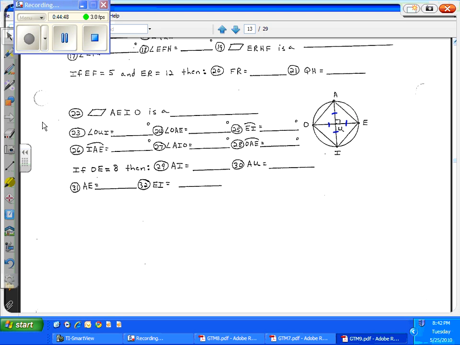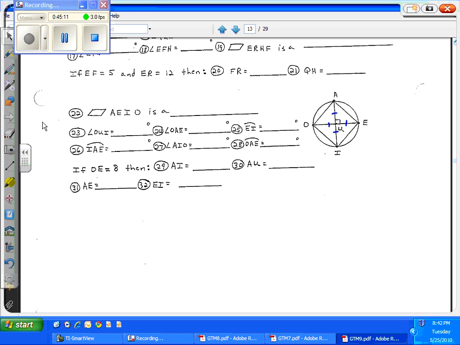And in a square, both pairs of opposite sides are parallel. Both pairs of opposite sides are equal. Both pairs of opposite angles are equal. The diagonals bisect each other. Each diagonal bisects a pair of opposite angles. The diagonals form congruent triangles. The diagonals are equal.